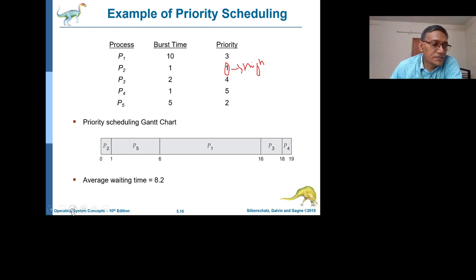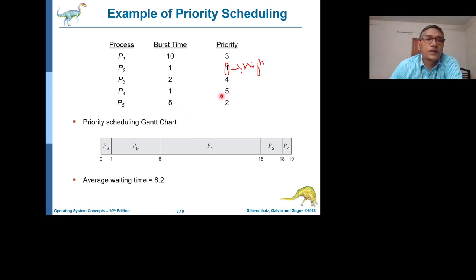So the Gantt chart, if you see here, because P2 has the highest priority and all processes we can consider as arrived at the 0th millisecond. So at the 0th millisecond all processes are available. When comparing the priority, P2 has the highest priority. So P2 will execute for 1 millisecond. The next higher priority process is P5, so it will execute for 5 milliseconds.